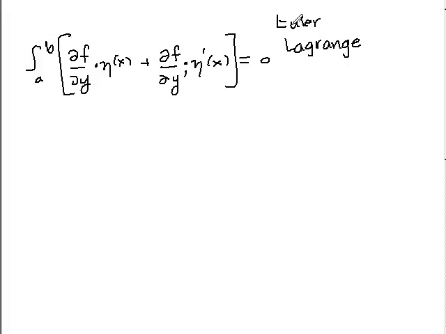Okay, so let's consider the Euler-Lagrange equations, and let's integrate by parts. What that's going to do is convert an eta prime to an eta.